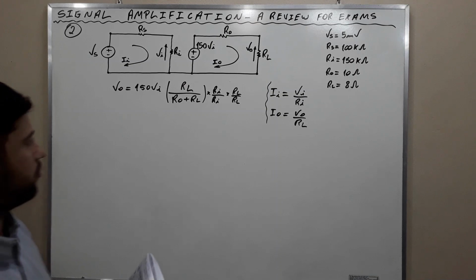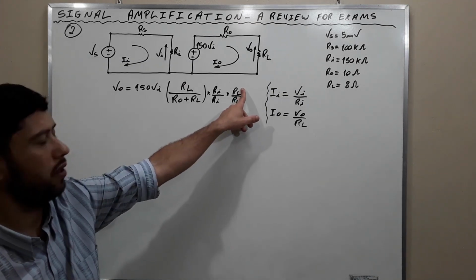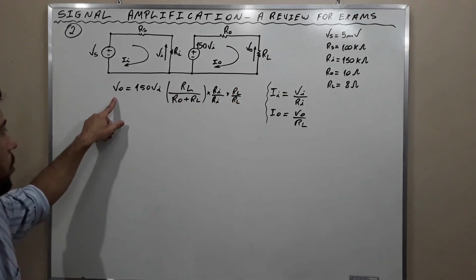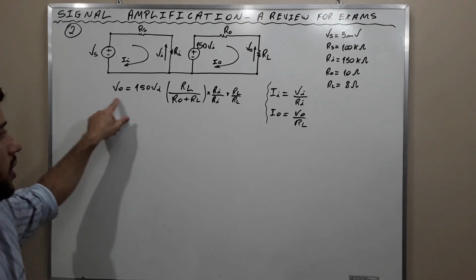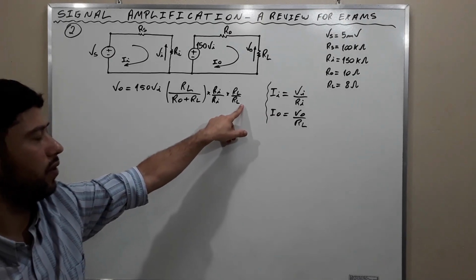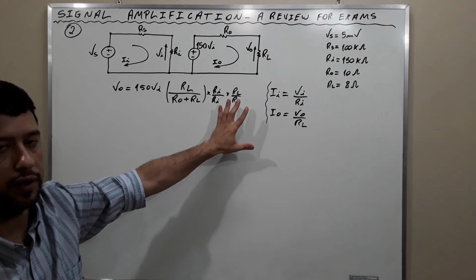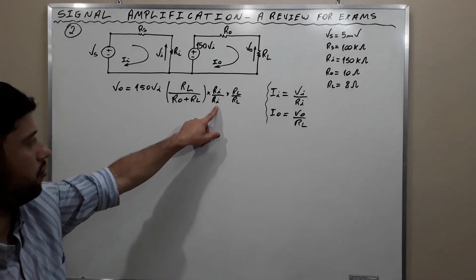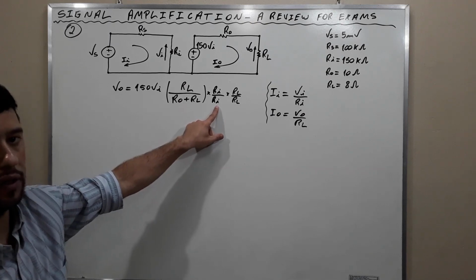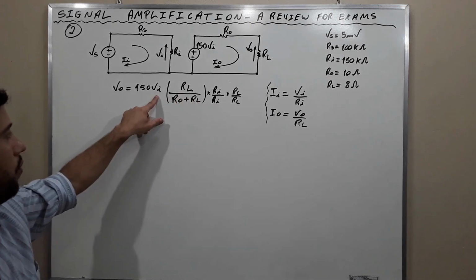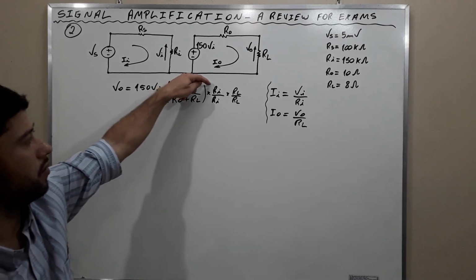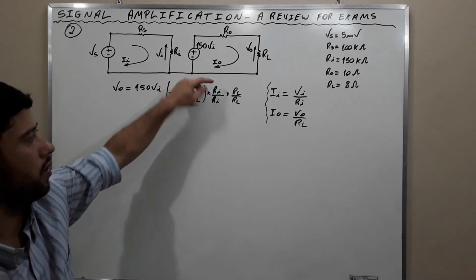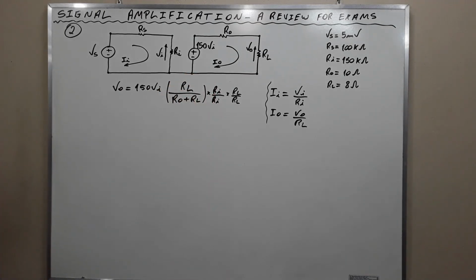Now I'm going to pass this RL here in the numerator to here, and this RL in the denominator will stay where it is. And this Ri here in the denominator, I'm going to put below Vi, and this Ri here in the numerator will stay where it is.